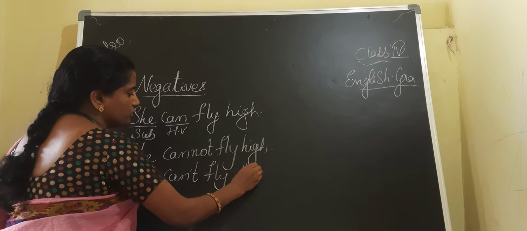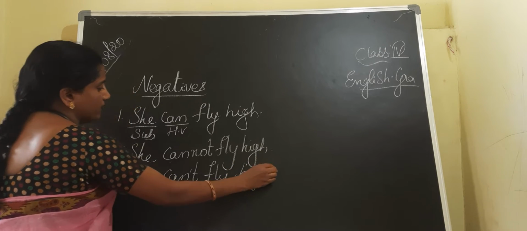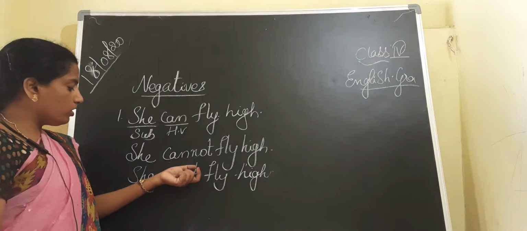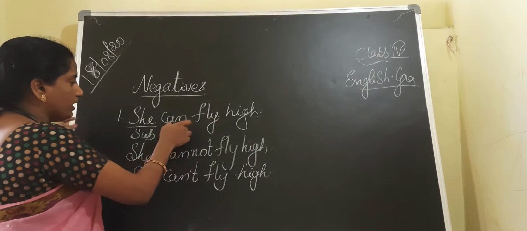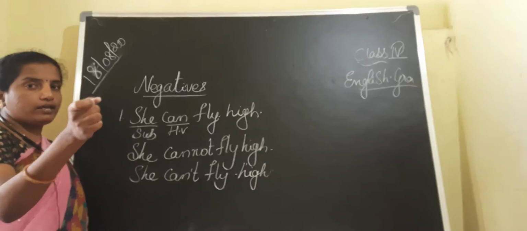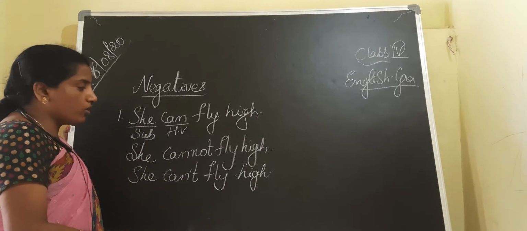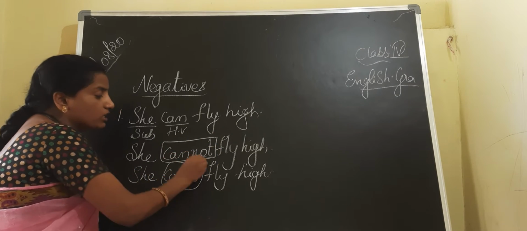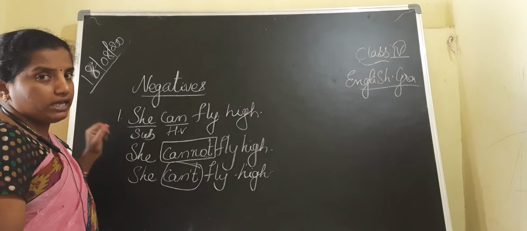Here we have used the short form negatives, children. So according to the given helping verb, simply by adding not you form the negative, and then we change the word into the short form negative.